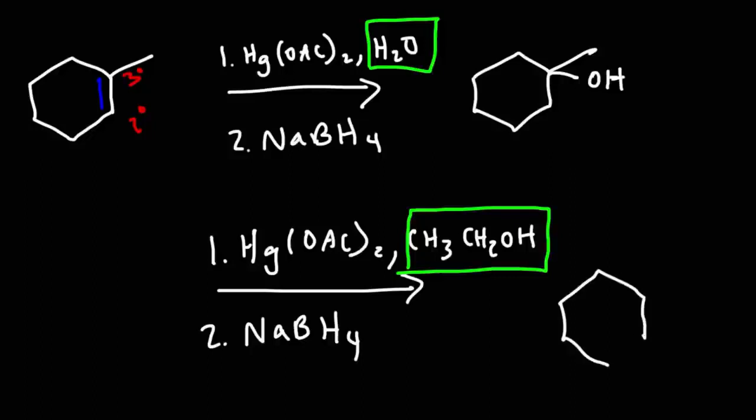So instead of an OH group, we're going to get this product. It's basically what you see here without this hydrogen. So we're just going to draw OCH2CH3. So that's going to be the end result of this reaction.